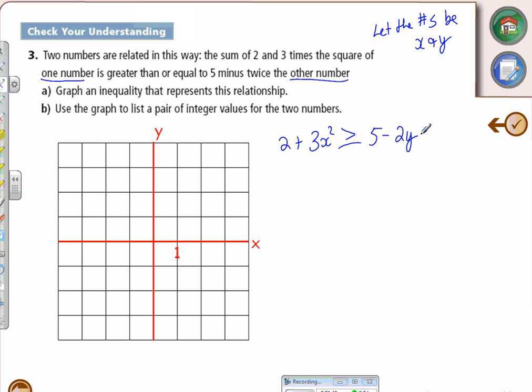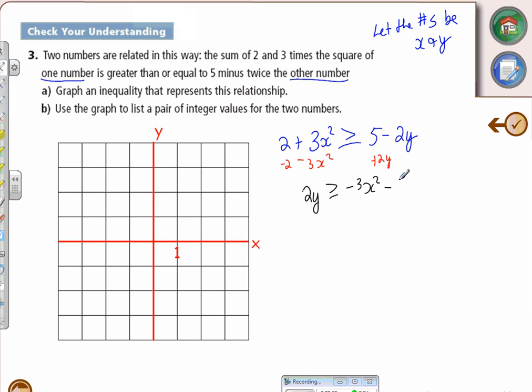There we go. In order to be able to graph this, we want to isolate your y. So let's get your y on this side, your x on that side. Move it around. We'll add 2y, and then subtract the 2 and subtract the 3x squared, and that gives us 2y greater than or equal to negative 3x squared plus 3.